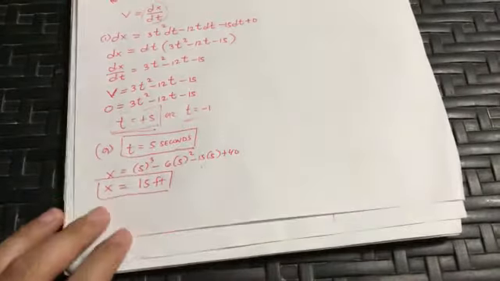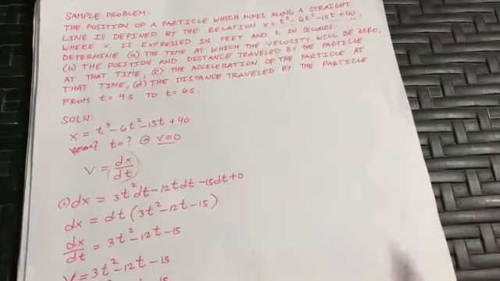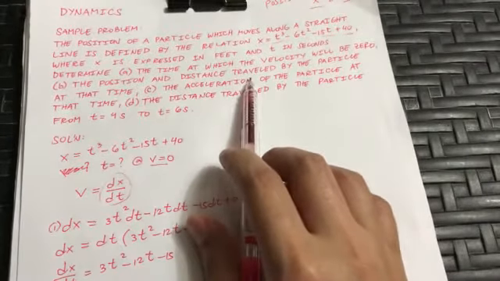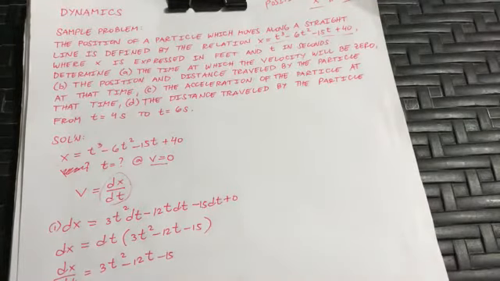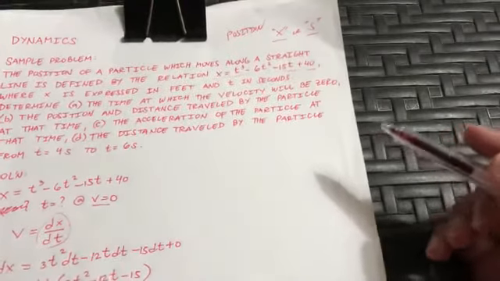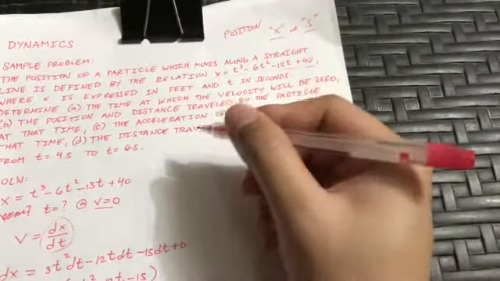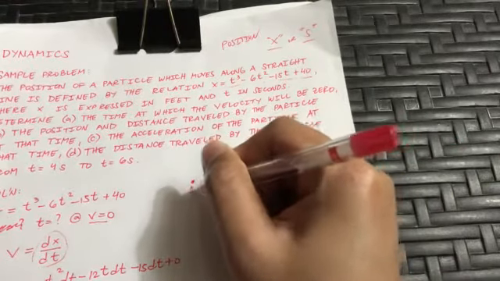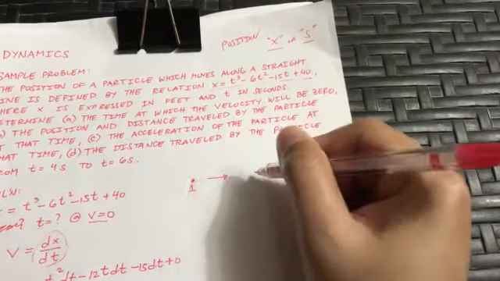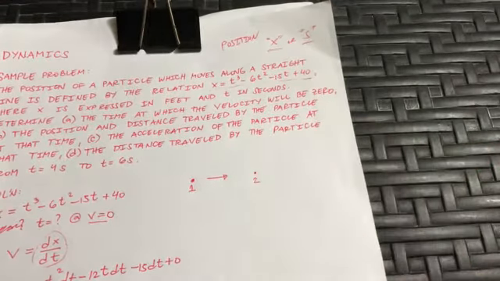Okay, and the other one is the distance traveled by the particle at that time. The distance traveled is like this. We have point 1 and you're going to point 2.